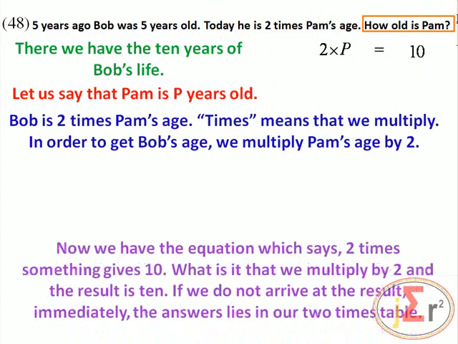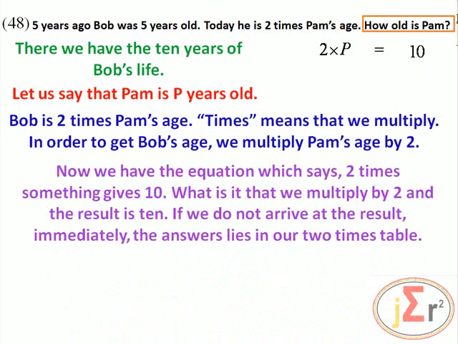How old is Pam? Now we have the equation which says 2 times something gives 10. What is it that we multiply by 2 and the result is 10? If we do not arrive at the result immediately, the answer lies in our multiplication tables.